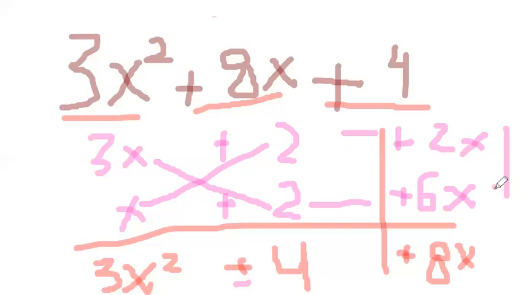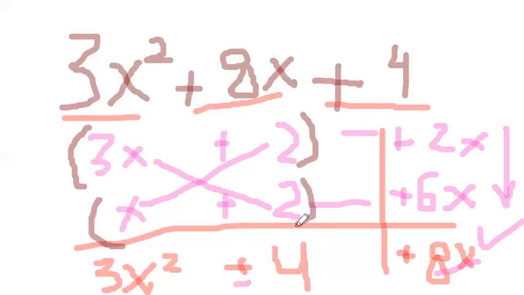And now let's check it. The sum of 2x and 6x is 8x. So yes, this is correct. That means the two brackets are 3x plus 2 and x plus 2. That's the factorization of 3x squared plus 8x plus 4.